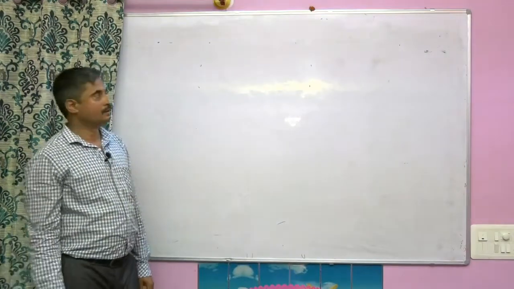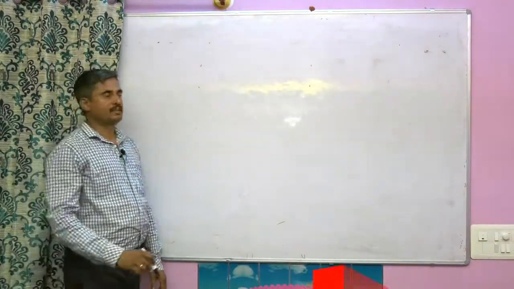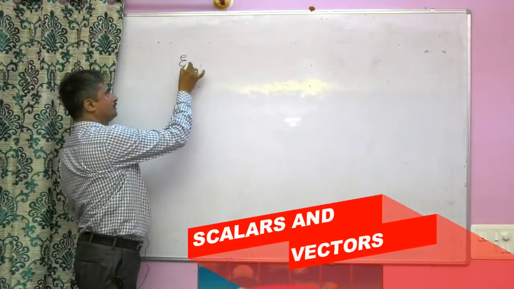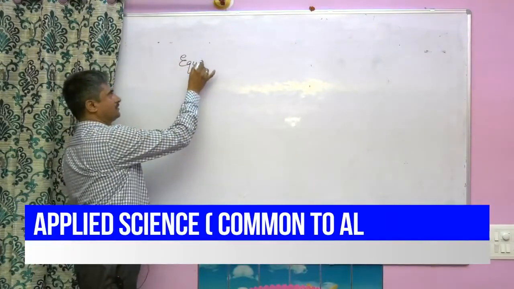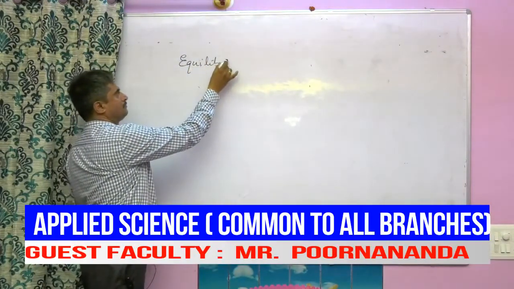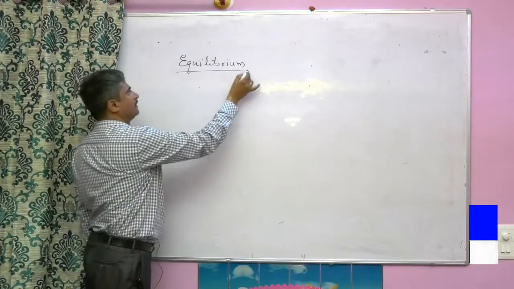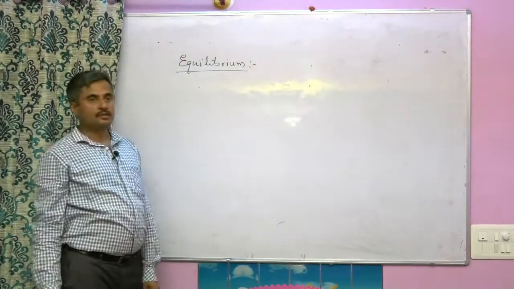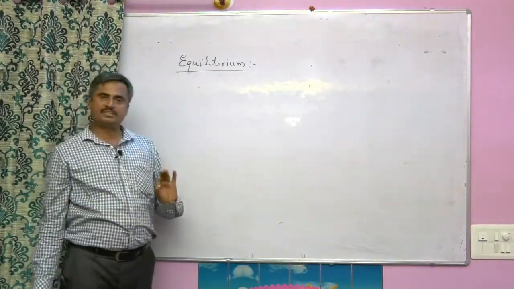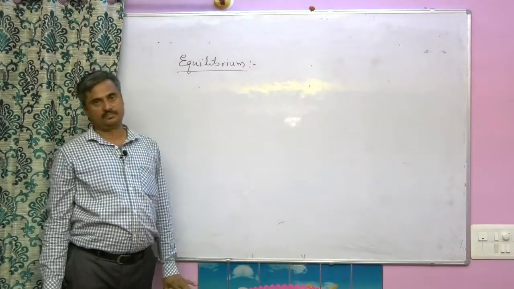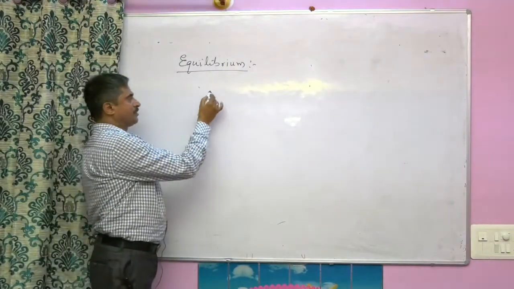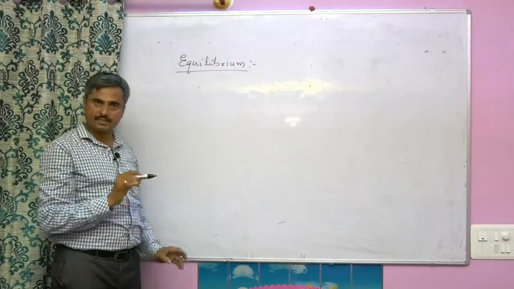Okay, now let's consider the equilibrium of a number of vectors. What is equilibrium? Equilibrium means no motion. If three vectors acting at a point are in equilibrium, the net effect is zero.